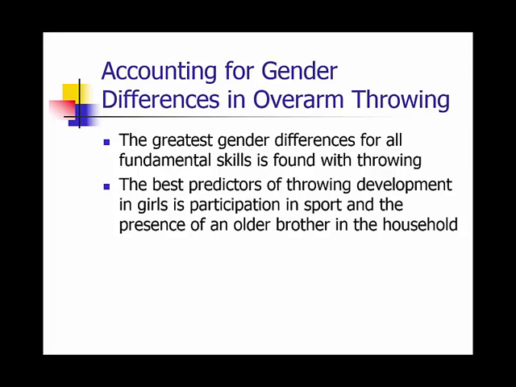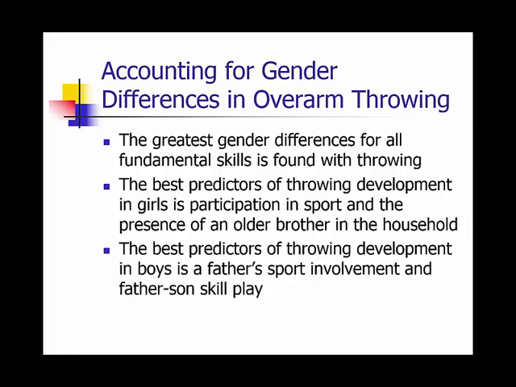Did you participate in sports if you're a female when you were younger, and did you have an older brother in your house? If you did, the studies have found that to be related to greater chances of more mature throwing in younger girls. For boys, the best predictors of throwing development have been a father's sport involvement and father-son skill play. So if those two things were present for you, perhaps you had a greater likelihood of showing more mature throwing patterns.